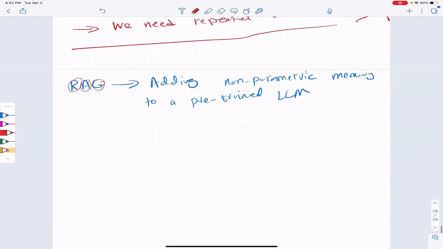So in RAG, we assume we have an ocean of documents, an ocean of maybe relevant articles, relevant text to whatever we have. And these documents can change. You have a new page on Wikipedia, that's fine. It is not engraved in model parameters. That's a separate entity, your ocean of documents.